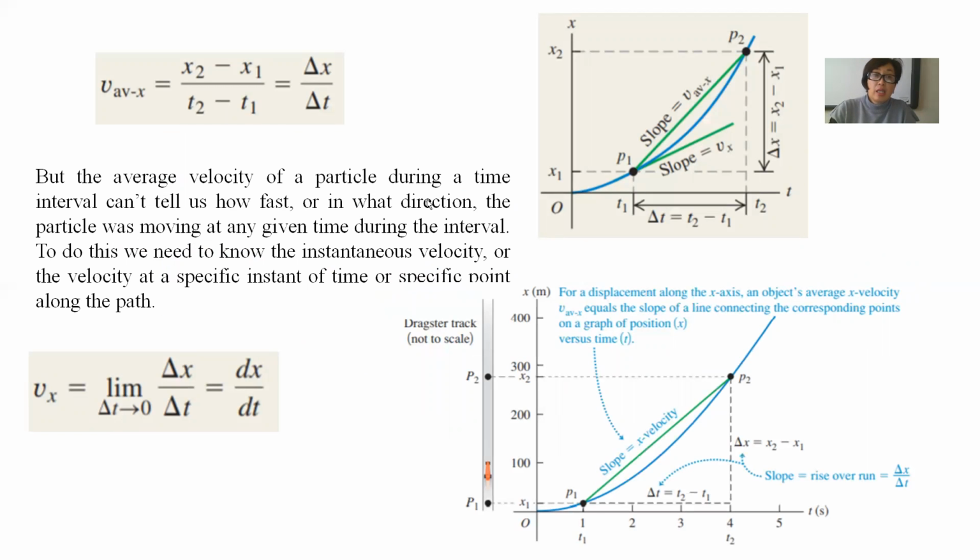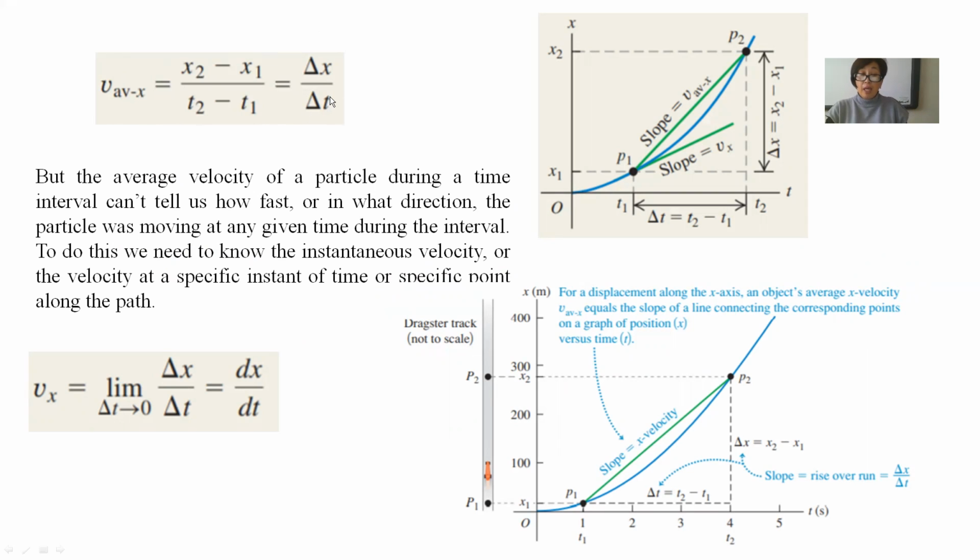This is the formula for average velocity: the ratio of the change in coordinate divided by delta t.